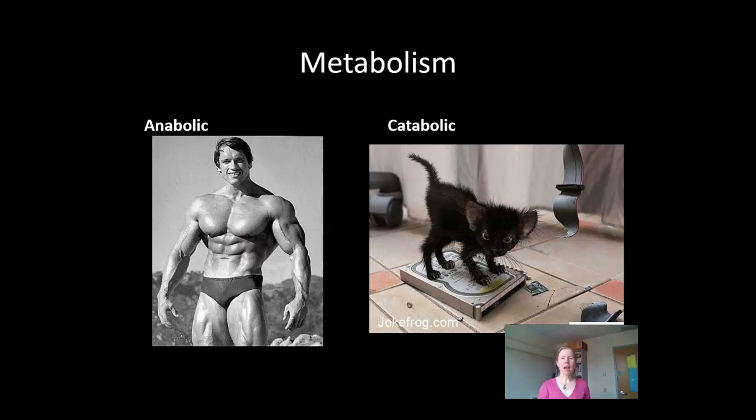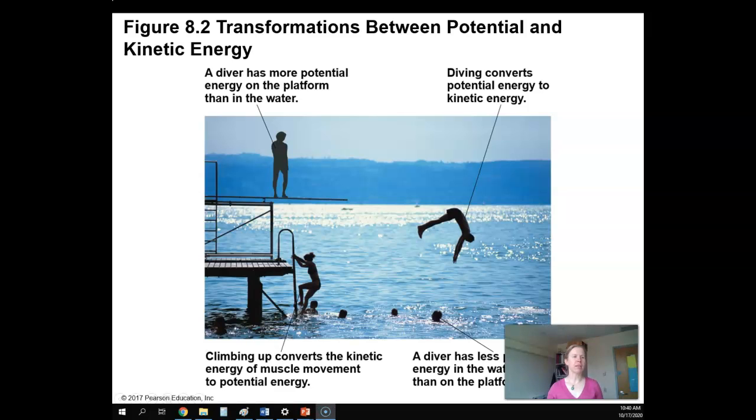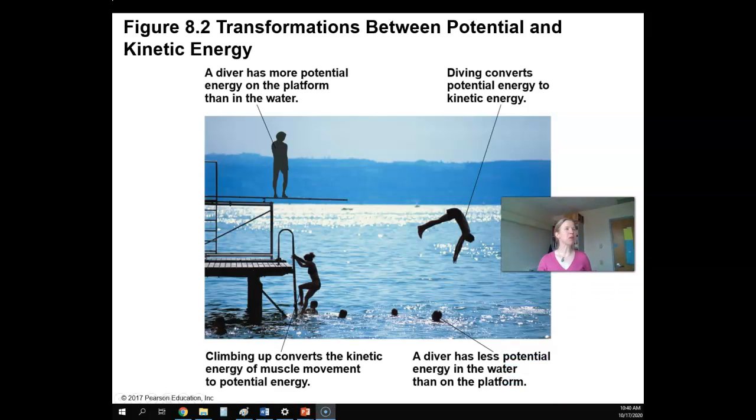So there's a lot having to do with how energy moves through organisms in order to understand metabolism. You can get into a little bit of physics in this chapter, where we talk about potential energy and kinetic energy. So this diver up here on the platform, I should say, so energy is the capacity to cause change.